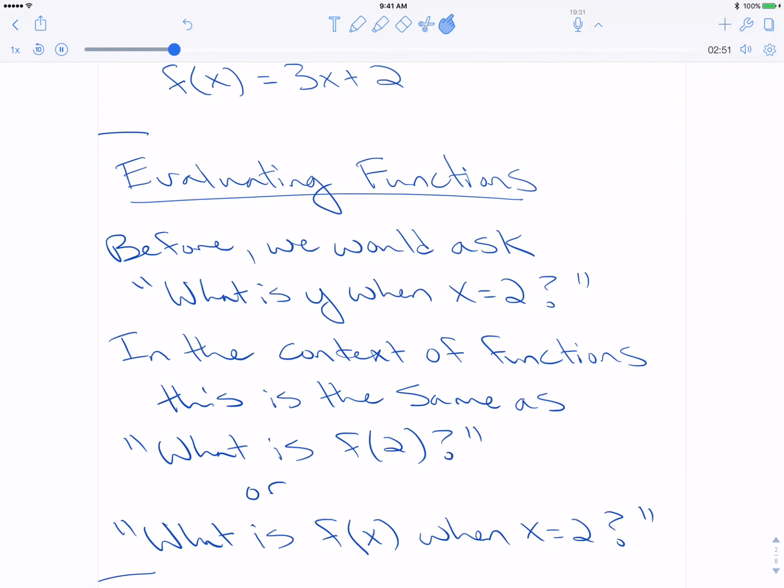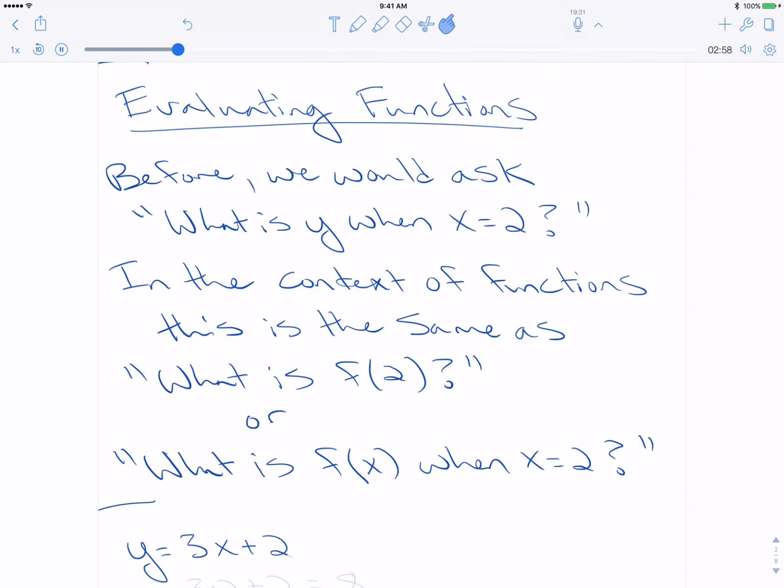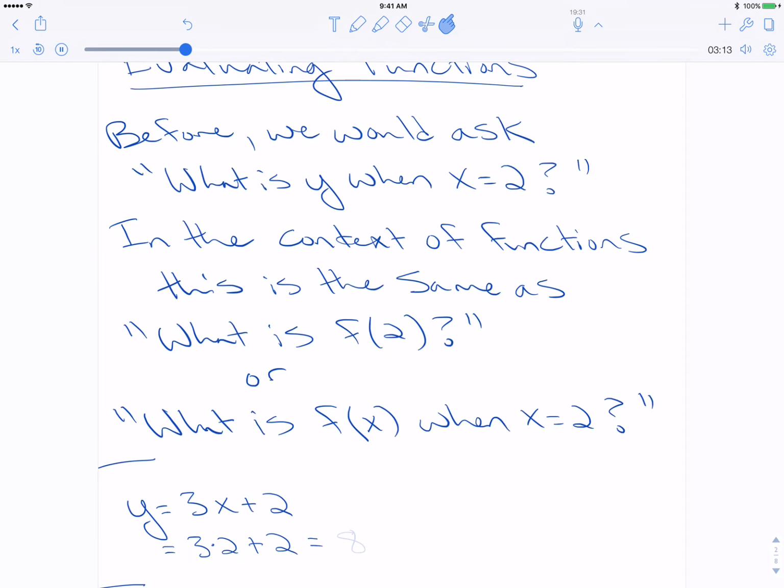For the equation y equals 3x plus 2, we've talked about this a little bit already. In order to determine what y is when x is 2, we replace each x with a 2. That is 3 times 2 plus 2, which if we simplify gives us an 8. Since f of x is equal to y, we should get the same result for f of 2, or f of x when x equals 2, which is the same thing.